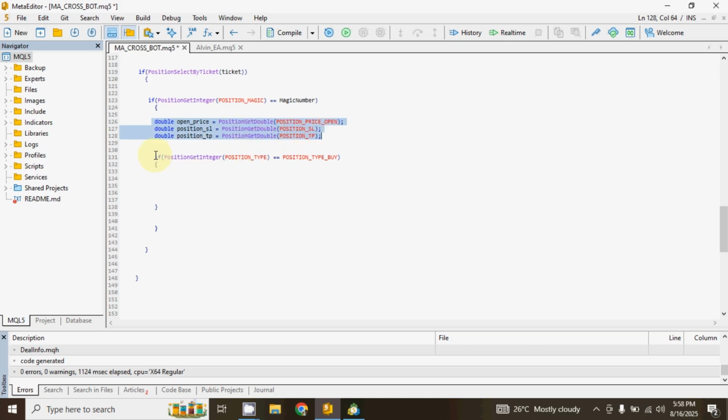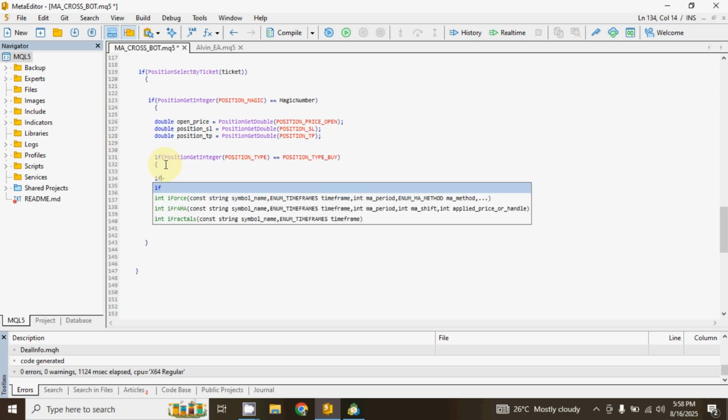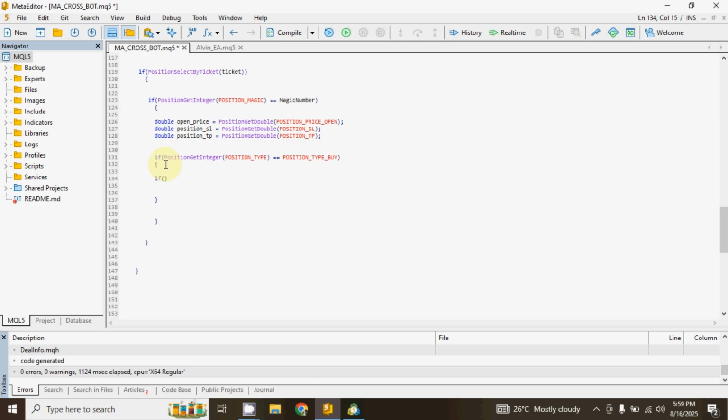Now the next step is to check if the open position is a buy position. After it confirms that the open position is a buy position, the next thing is for us to write the conditions. Remember I said earlier, the first thing you have to note is that the candle must be a bullish candle, which means close 0, which is the last candlestick, is greater than the open price of the last candlestick.